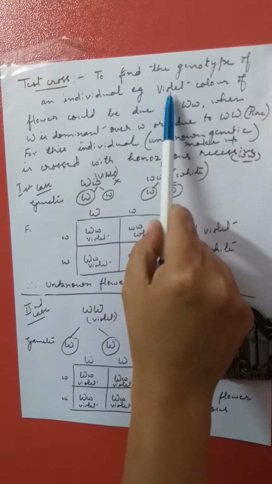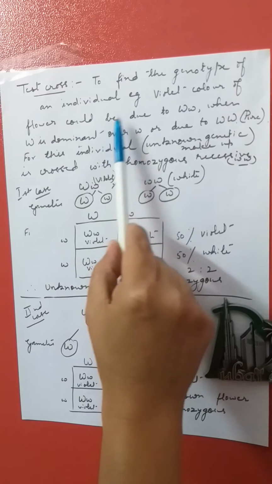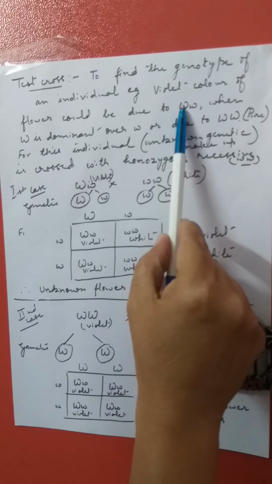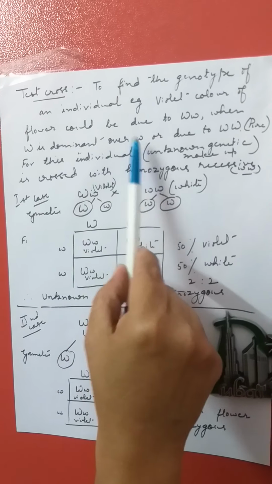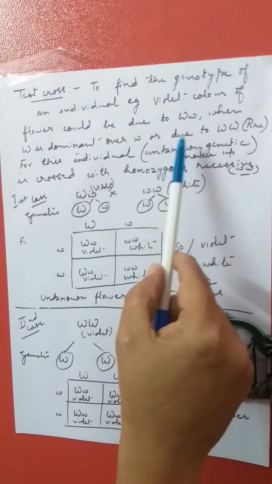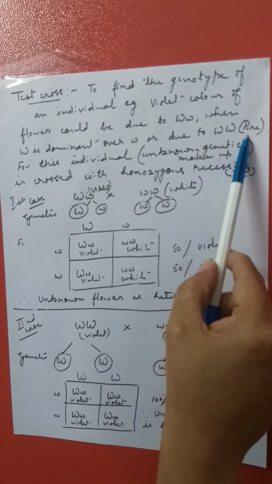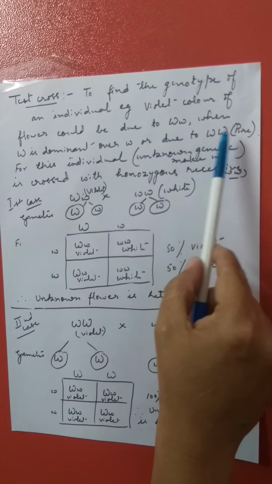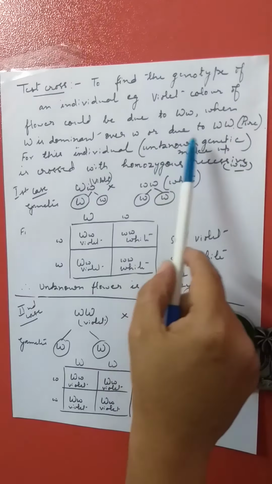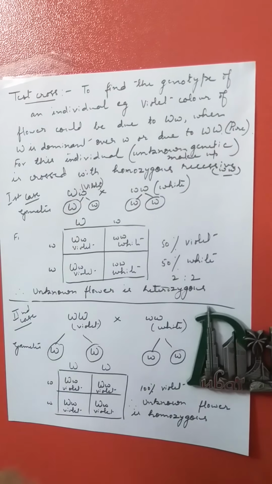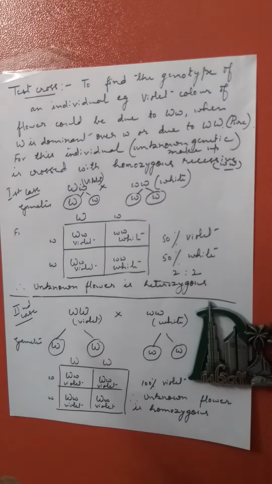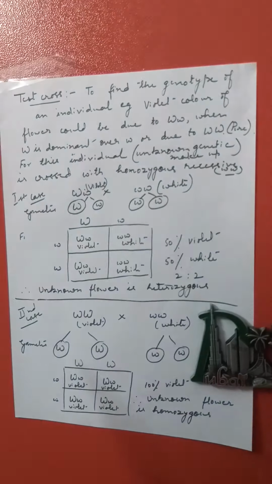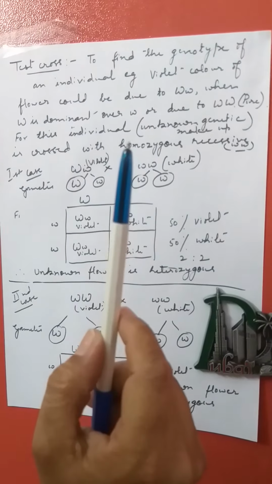For example, violet color of a flower could be due to capital W small w, when capital W is dominant over small w, or it could be due to pure character WW. It means if we see a violet flower, it could be due to pure character, or it could be due to hybrid character. In both the cases, apparently the flower is violet.